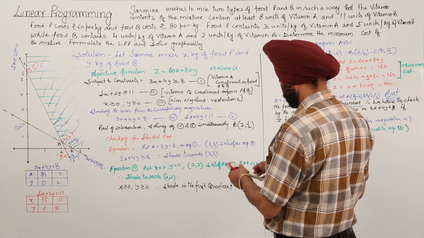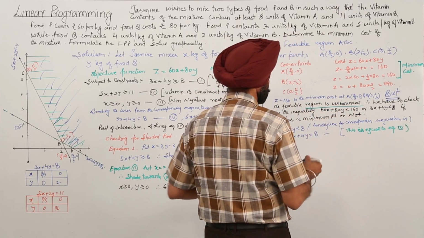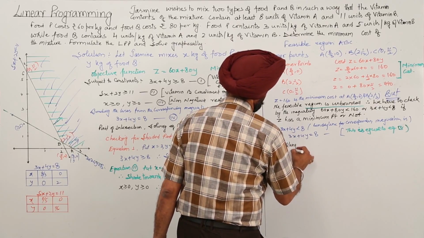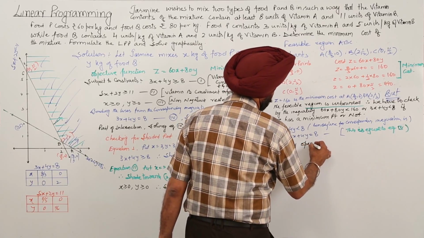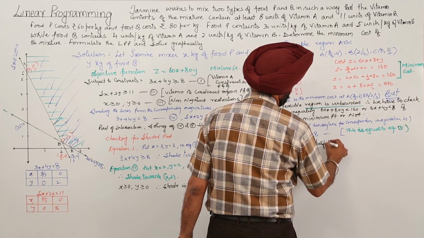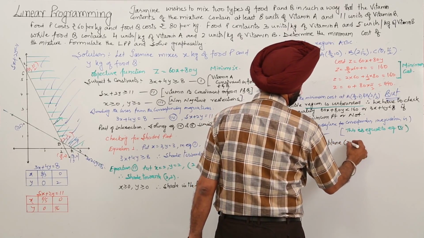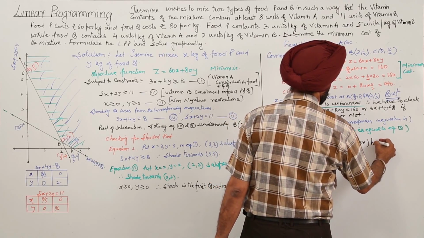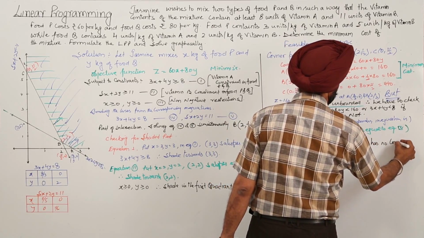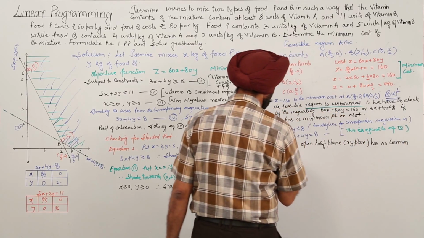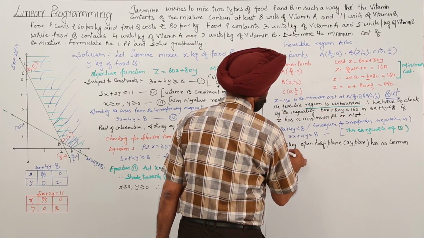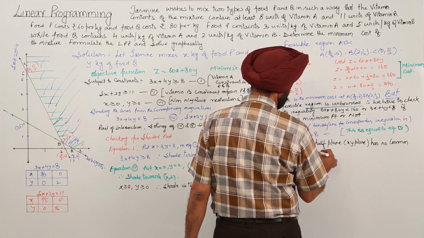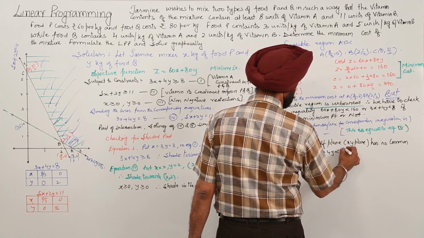Okay, so now we can write it: the resulting open half plane, that is xy, has no common point with 3x plus 4y is less than 8.